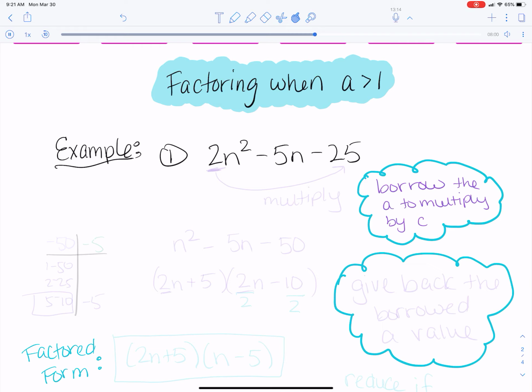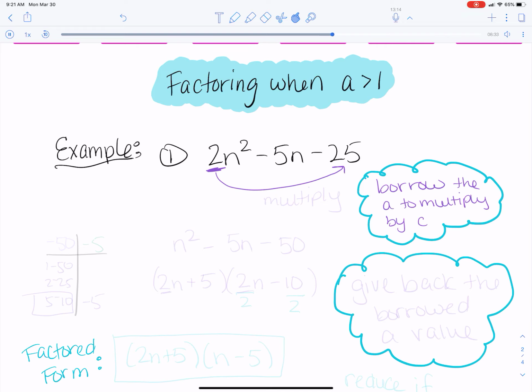Alright, so now let's look at factoring when a is greater than 1. Our first example, we have 2n squared minus 5n minus 25. This is where we're going to take this first coefficient that's in front of my first term, this 2, and I'm going to borrow it.